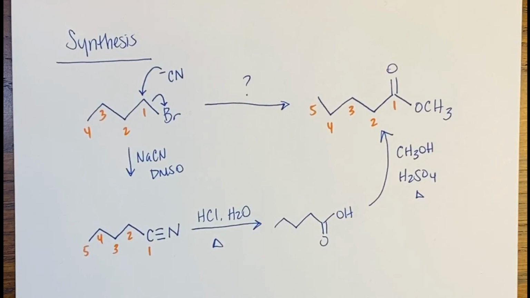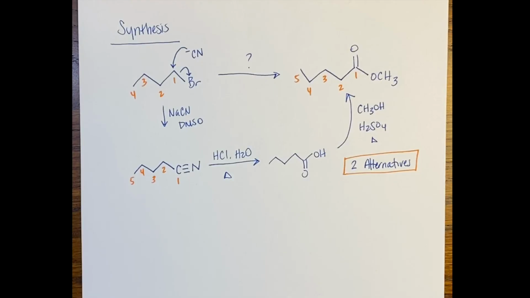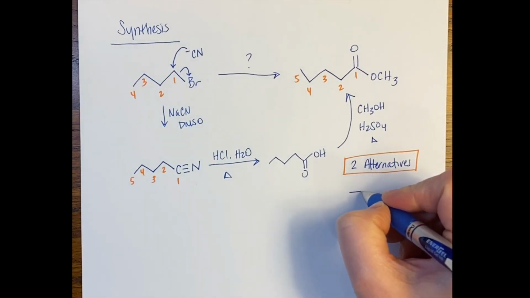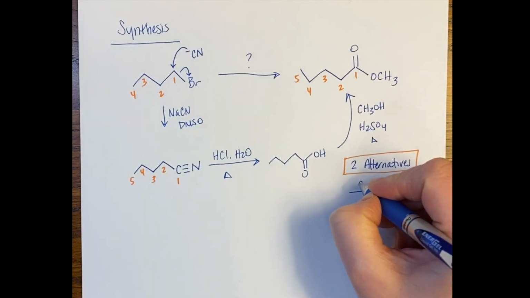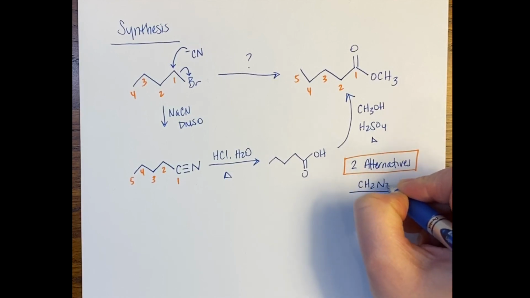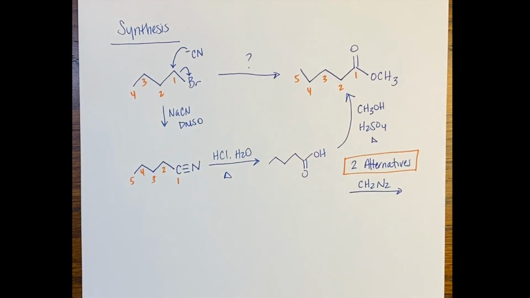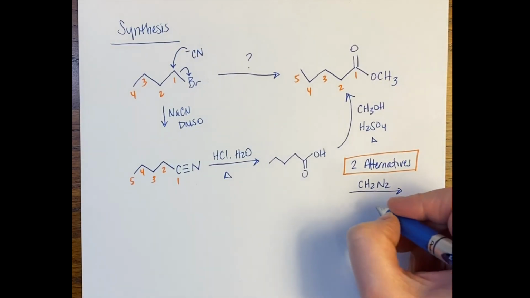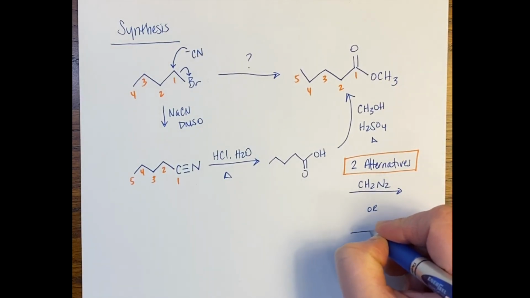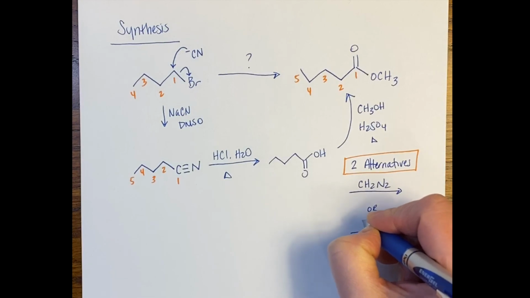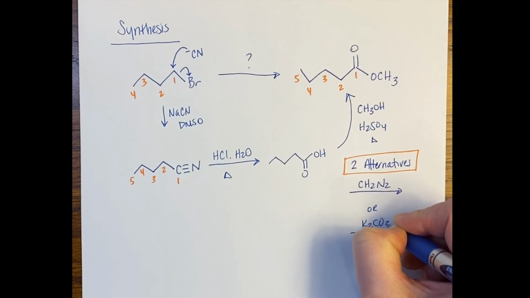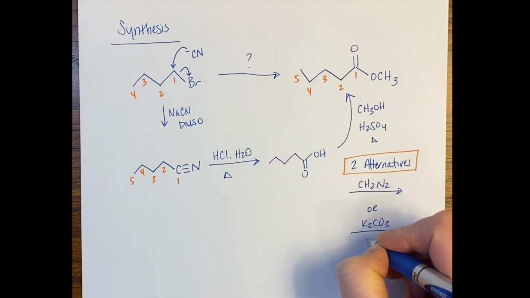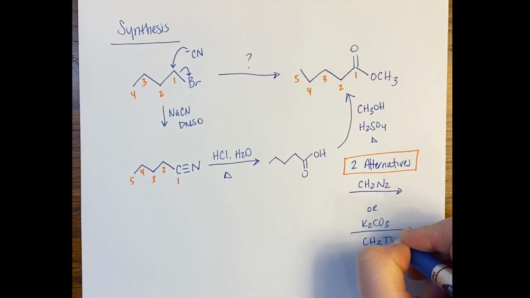Specifically for a methyl ester, I also have 2 other options. For this final step in my synthesis, I also have 2 other alternatives. I also could have chosen to treat my carboxylic acid with diazomethane. That will allow me to convert my carboxylic acid to my methyl ester. Or I could treat my carboxylic acid with a base like potassium carbonate and iodomethane.